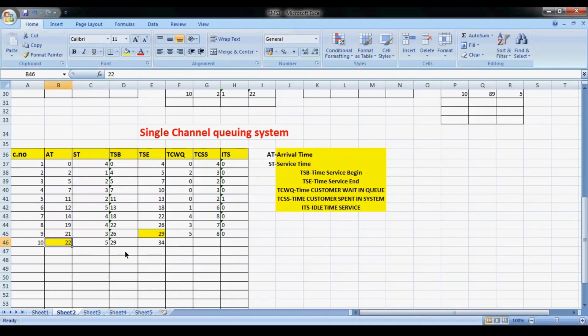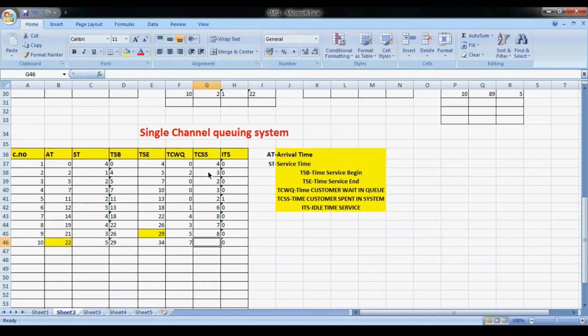So time customer waits in a queue: the customer is coming at 22 and the server is going to finish at 29, which means the customer is waiting for the server for 7 minutes. When the customer is waiting for the server, the server is busy, so write down that the idle time of the server is 0.